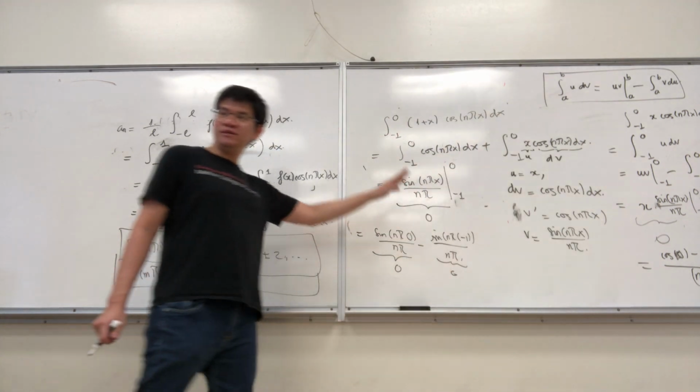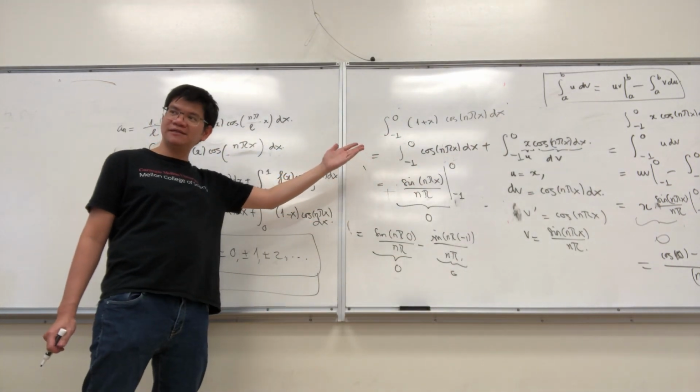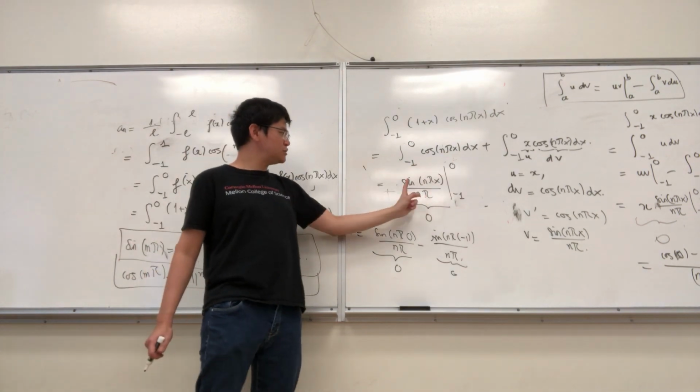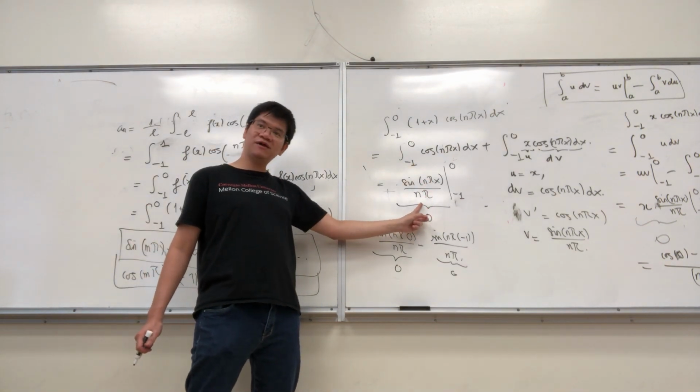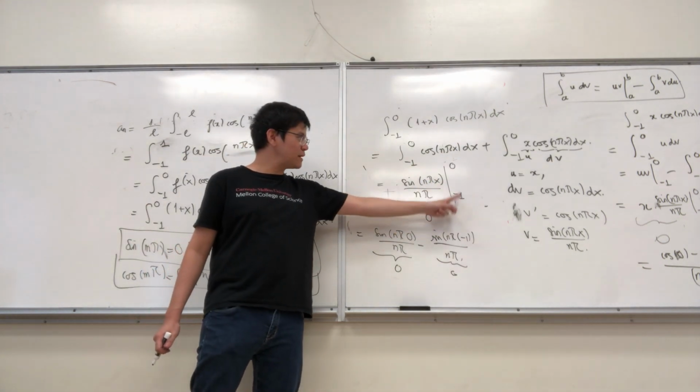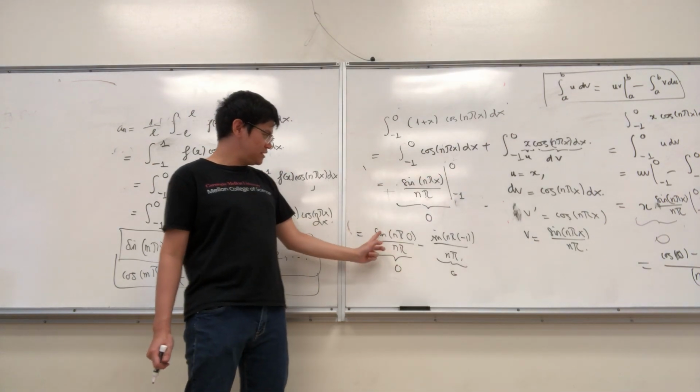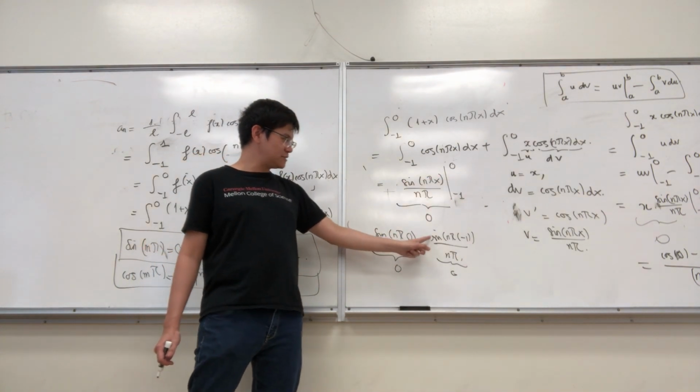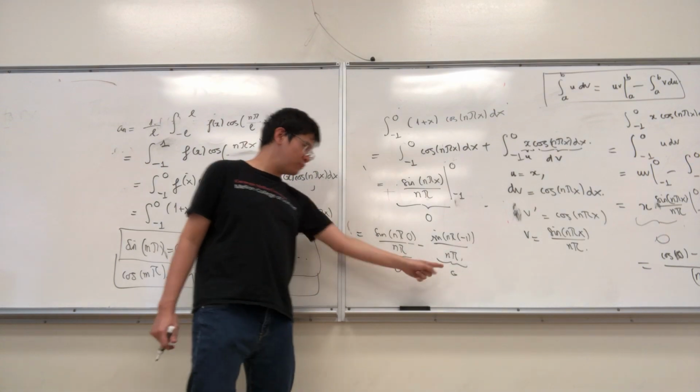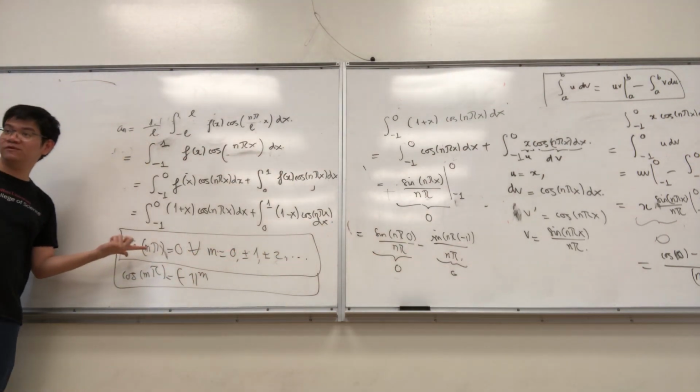The first one is easy. You just have to take the antiderivative of cosine n pi x, which is sine n pi x divided by n pi, and take the difference between minus 1 and 0. So this gives me sine n pi 0 minus sine n pi minus 1, and they're both 0 because of the formula that I wrote here.